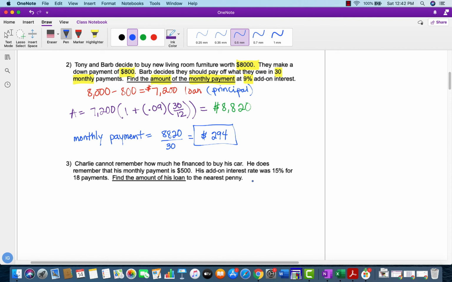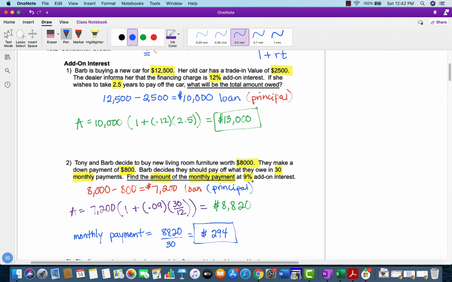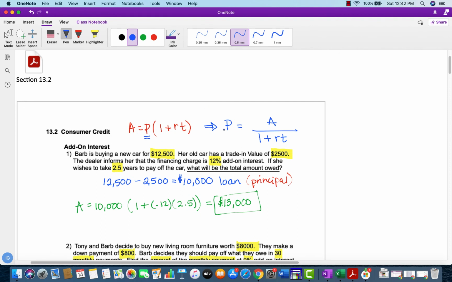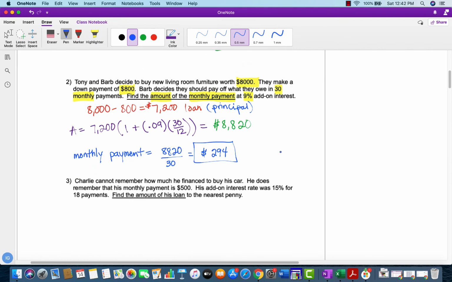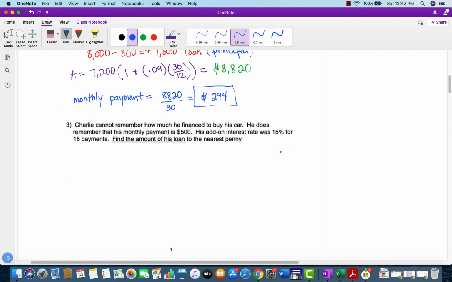Now because we need to find the initial amount, how much the actual car was at the beginning, we are going to use this formula. We need to find the principal, so we need to use this: P equals A over 1 plus RT. So let me write it down here. P equals A over 1 plus RT.